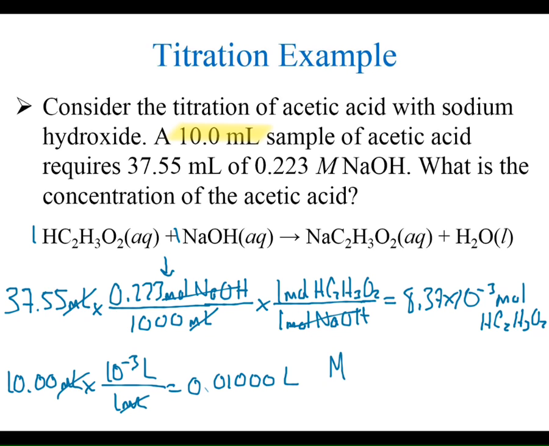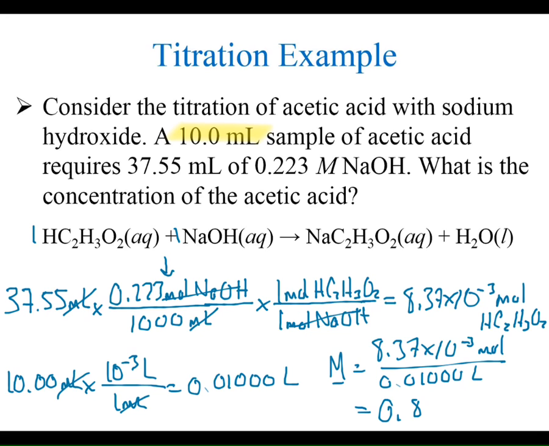So my molarity is moles over liters: 8.37 times 10 to the negative third moles over 0.01000 liters. And that gives me 0.837. Yeah, that should be right, I think. All right, I'm going to do it here anyway. Yeah, 0.837 molar.